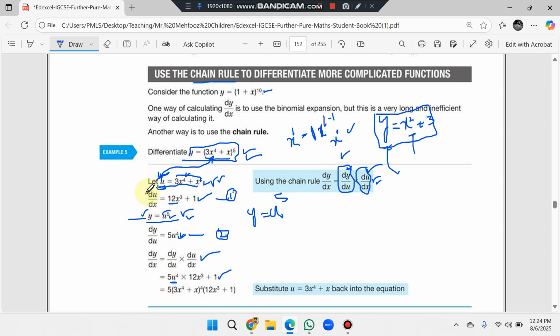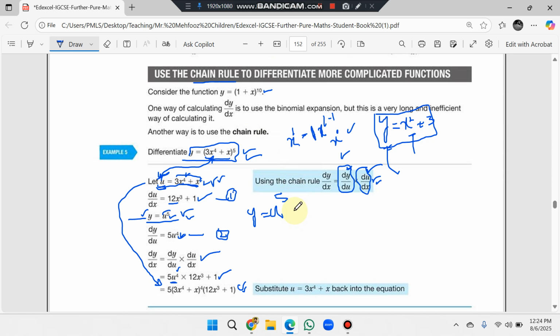So we have supposed the value of u, and we just put the value of u in the last expression, which can be written as 5 times 3x raised to the power 4 plus x raised to the power 4, which is the value of u, multiplied by 12x cube plus 1. So this is the derivative of this complex function. Do you understand this process or not? This is called the chain rule.